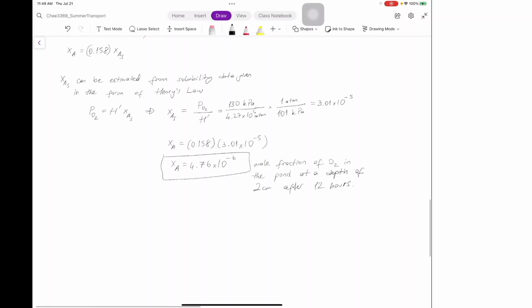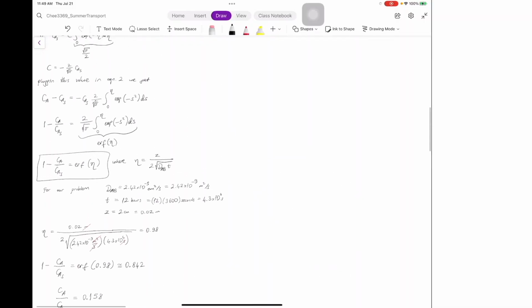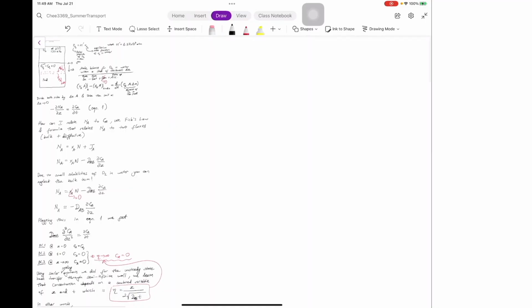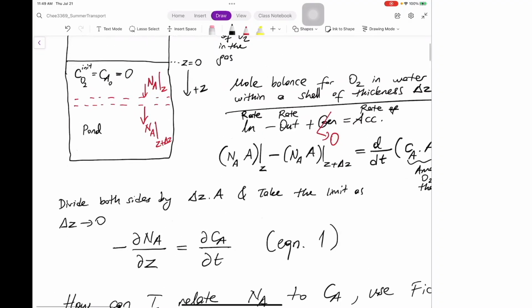Okay, so that's it. Do you have any questions about this problem? How did you know it was a semi-infinite slab? Oh, that's a great question. The pond size is not given, but I assume that the pond is much larger than this 2 centimeters.